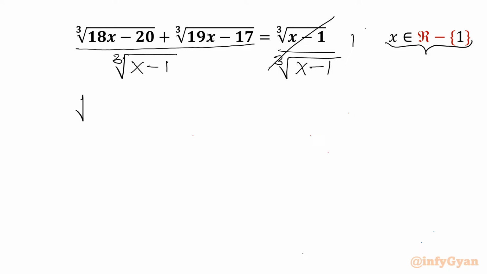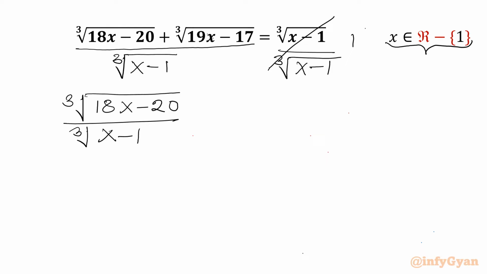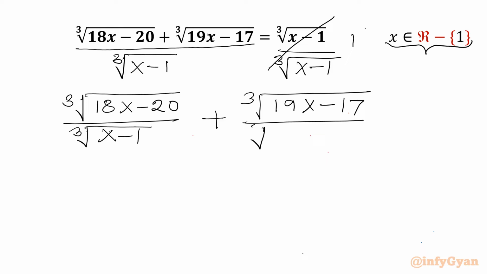Now I can write our LHS: cube root of (18x minus 20) divided by cube root of (x minus 1), plus cube root of (19x minus 17) divided by cube root of (x minus 1). RHS is 1.